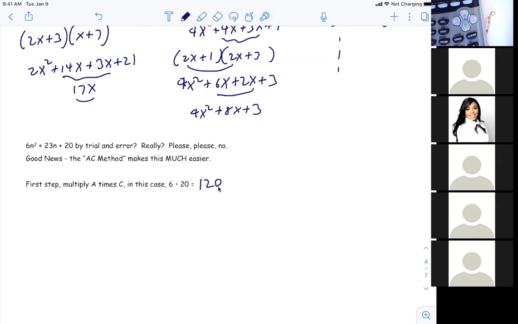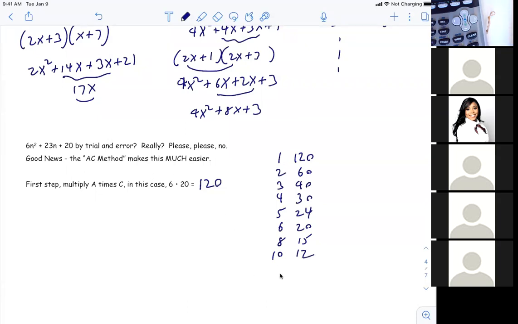Once you get this AC number, we're going to do the same thing we were doing a while ago. We're going to make a list of all the ways you can multiply and get, in this case, 120. 6 times 24. Oh, and then 8 times 15, right? And 10 times 12.